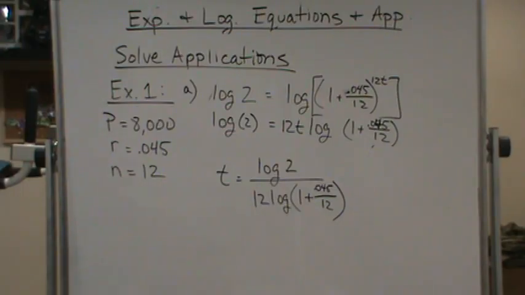All right, so let's take log of 2 divided by 12 times the log of 1 plus 0.045 divided by 12.